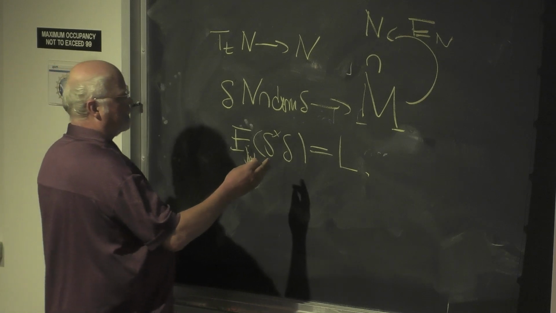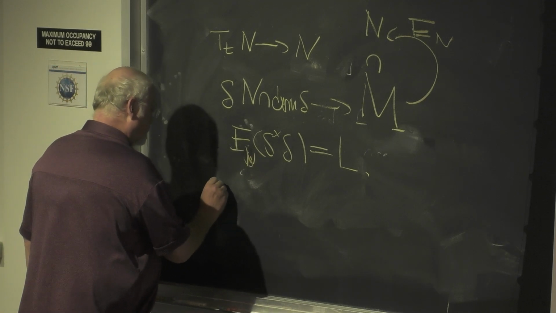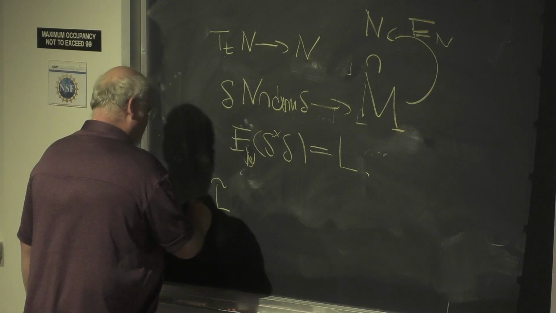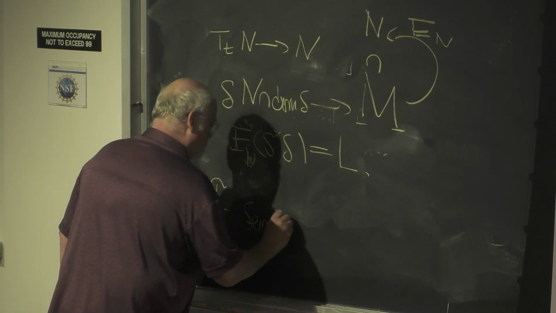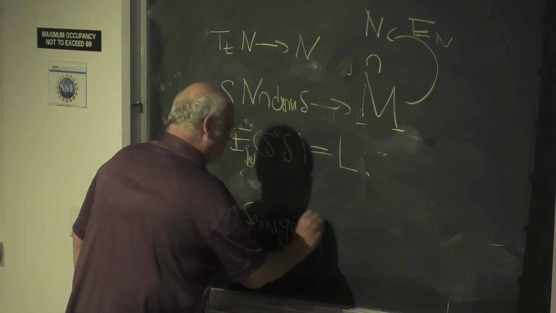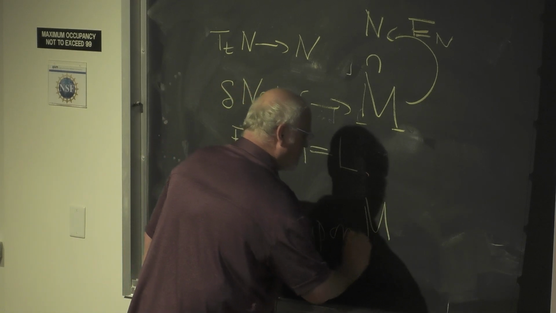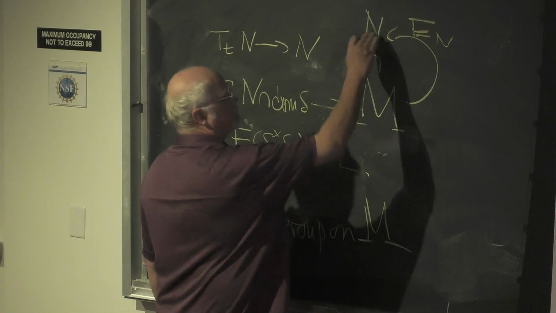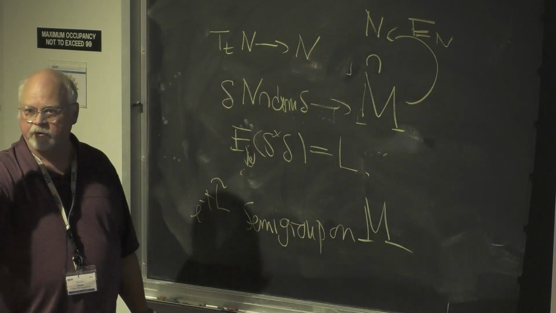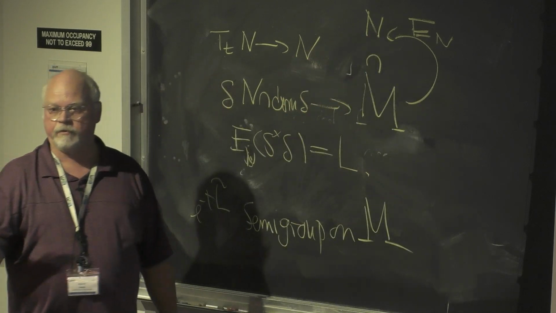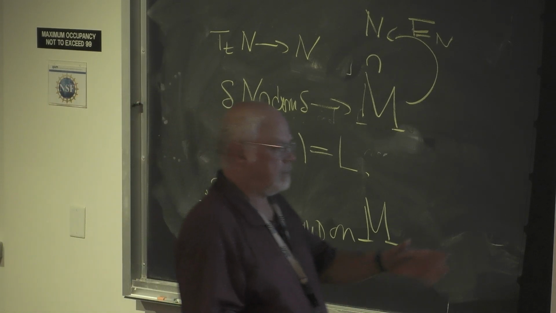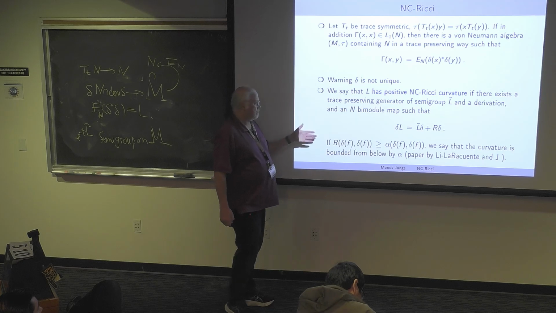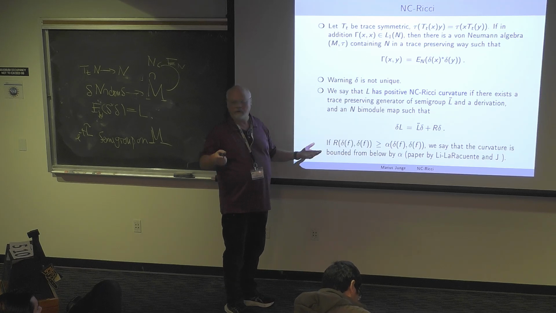And e to the minus t L tilde is a semigroup on M, the large algebra. Large, small. Some abstract versions of differential forms, whatever you want to do. It's a very strong assumption. I think this can be weakened, but at least we have a definition.